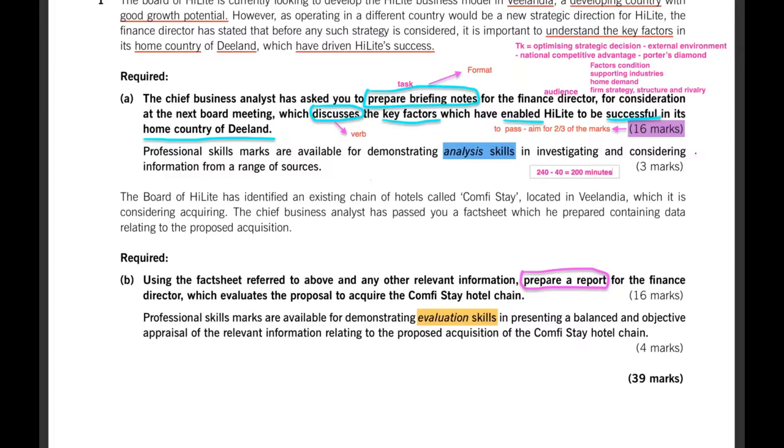All right. So 200 minutes divided by 80. Why only 80? Because you are not actually answering the professional skills. You answer your 80, and that means indirectly you'll get your professional marks if you answer it well. Professional marks is like a bonus mark if you follow all that is required to get that particular professional mark.